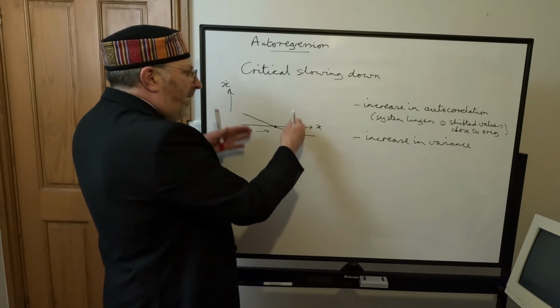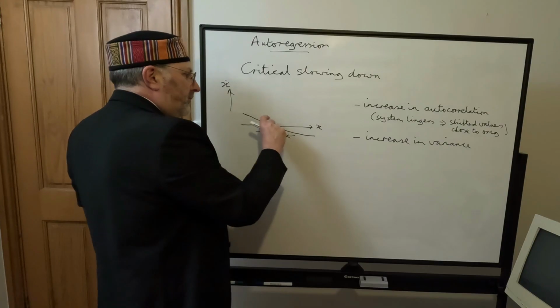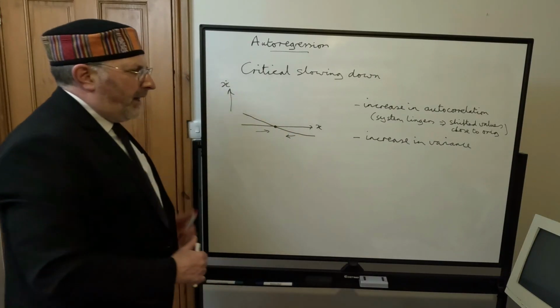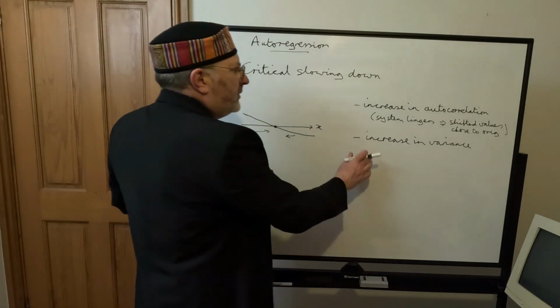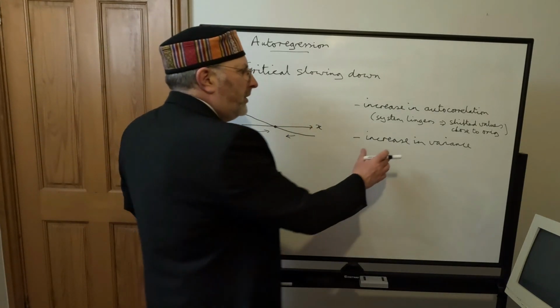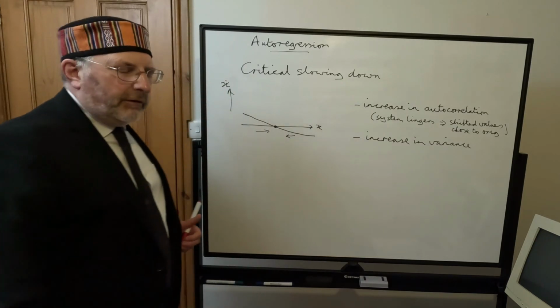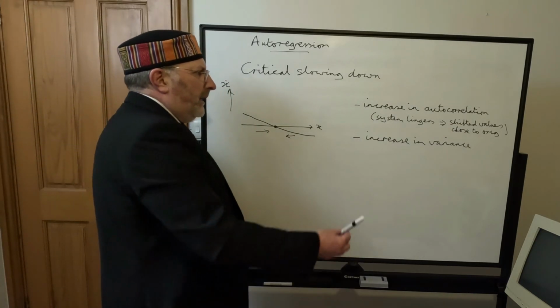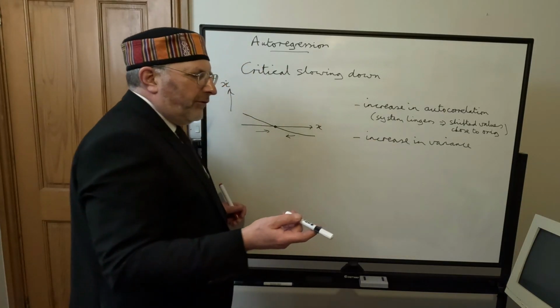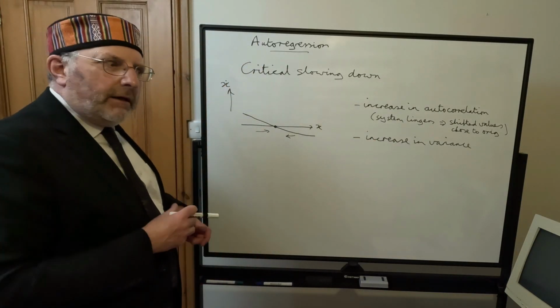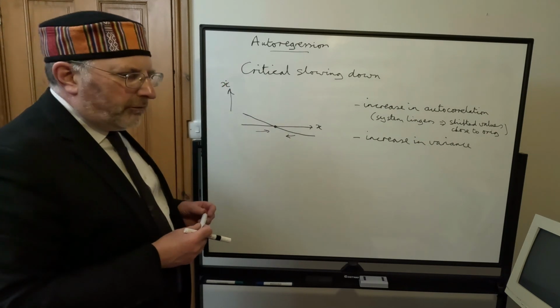It can be out here quite often, and it's not all just concentrated at the stable point. So that is another way to detect critical slowing down. Look at the variance in your data. And if you're finding that the variance increases, then it suggests you're getting close to a critical point.